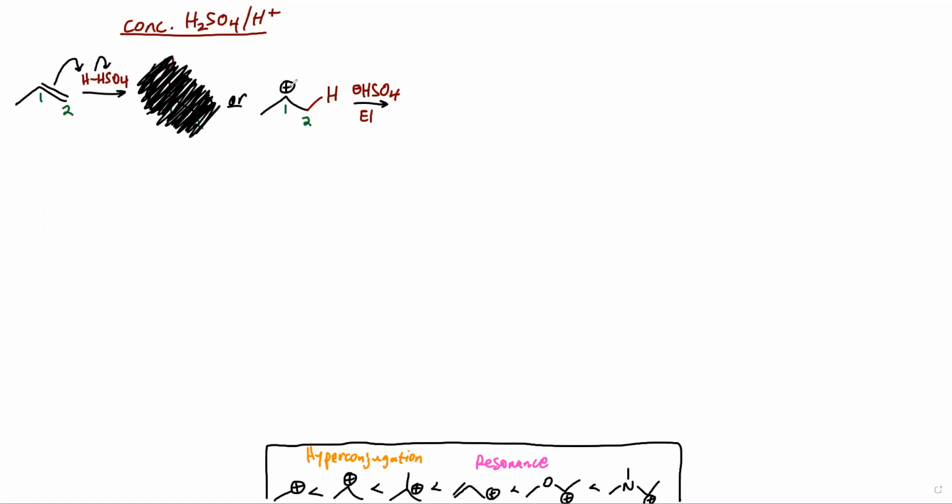And so how does E1 work? Next to the cation, this carbon and this carbon here, we have hydrogens. HSO4 minus can choose either of the hydrogens to react here. But in this case, both of them are the same. I nitpicked this example to be symmetrical. So we can just react with one of them and we'll get the same answer anyway. We can take this proton here.